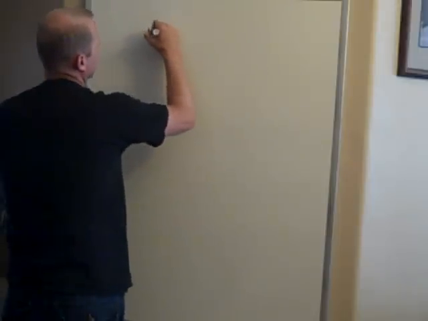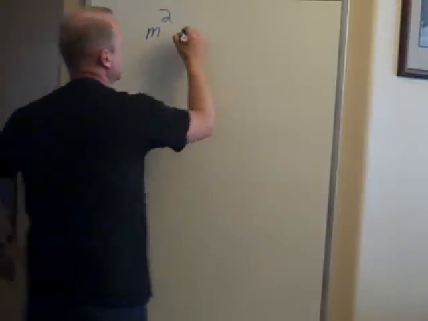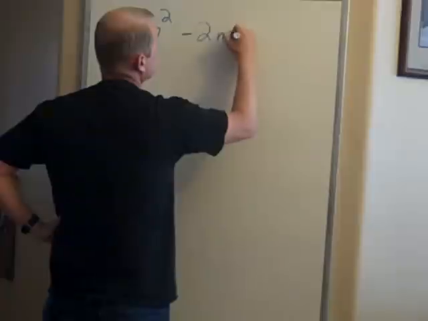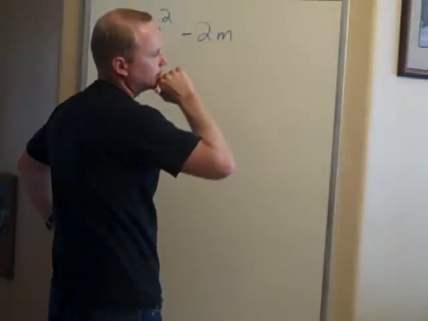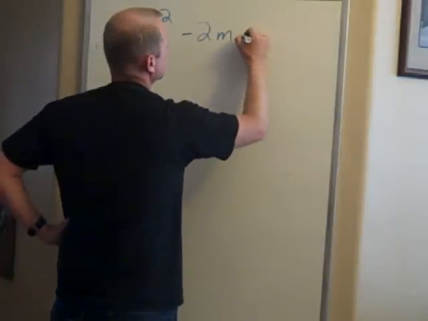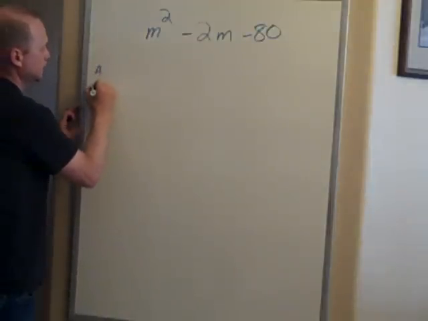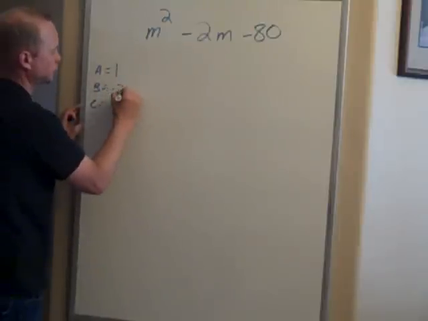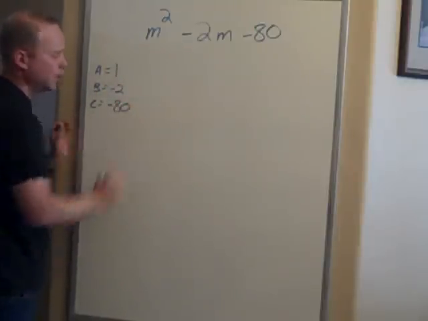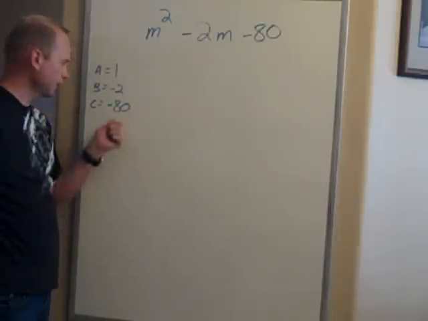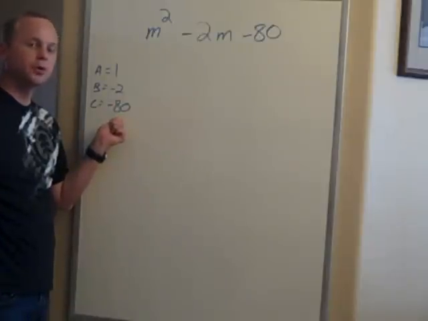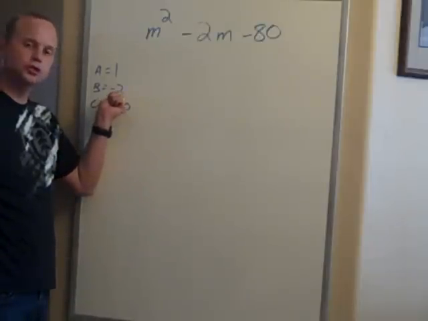If we did m squared minus 2m minus 80. So again, we identify our A, B, and C. Our A is 1, our B is negative 2, and our C is negative 80. And we're looking for two numbers that multiply together to give us negative 80, but when we add them together give us negative 2.